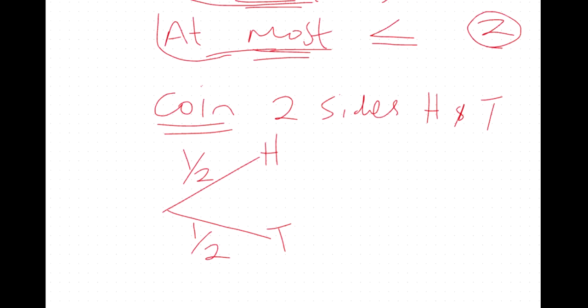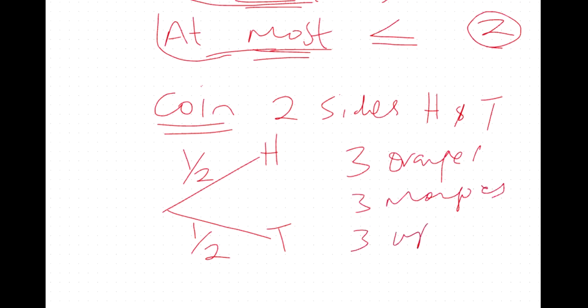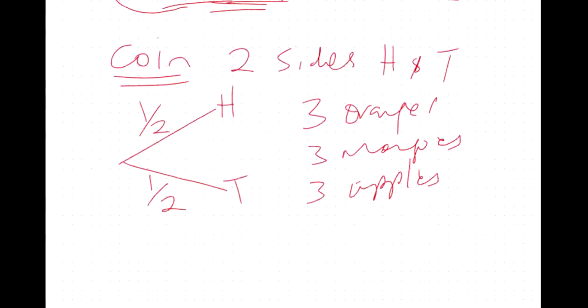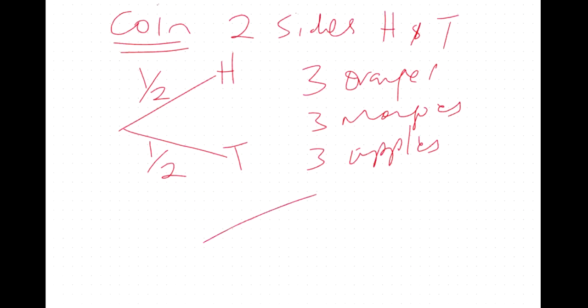So if we had 3 oranges, 3 mangoes, and 3 apples, all of them are 3, 3, 3. All of them have equal chance of appearing: orange, mango, apple.